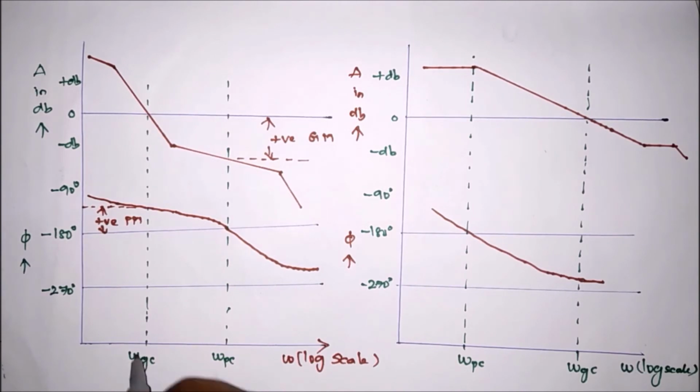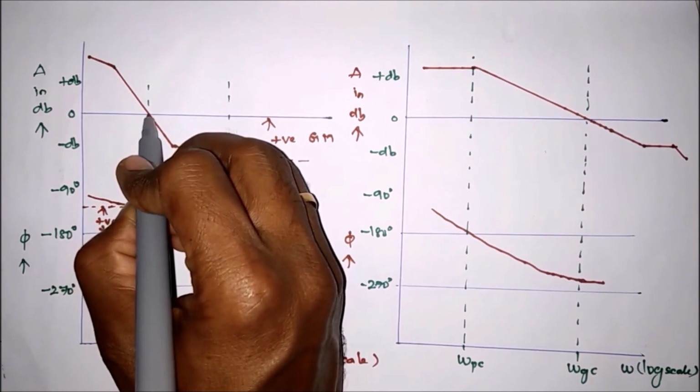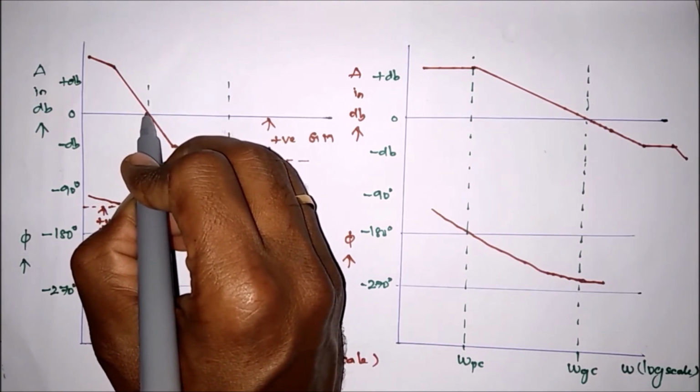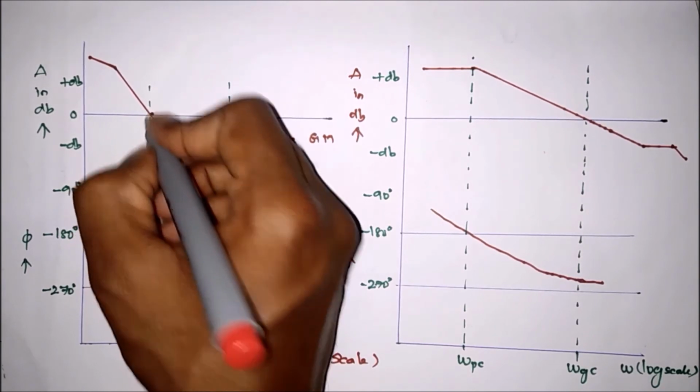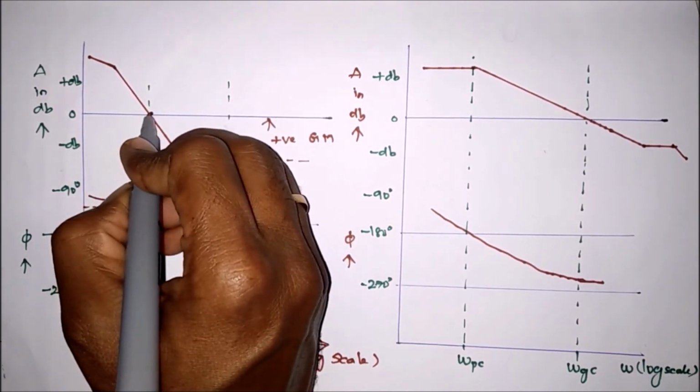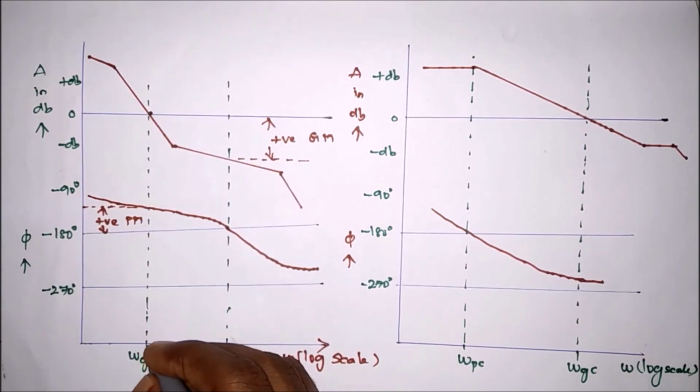Now we know the gain crossover frequency is nothing but the frequency at which the magnitude is 0. So this is the magnitude plot. This is the point where the magnitude is 0, and the corresponding frequency is the gain crossover frequency.